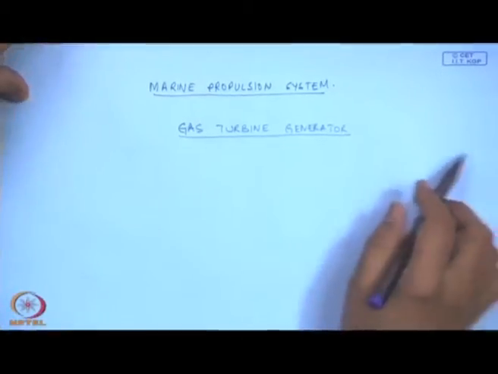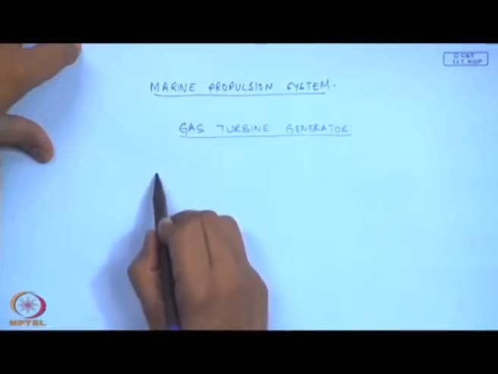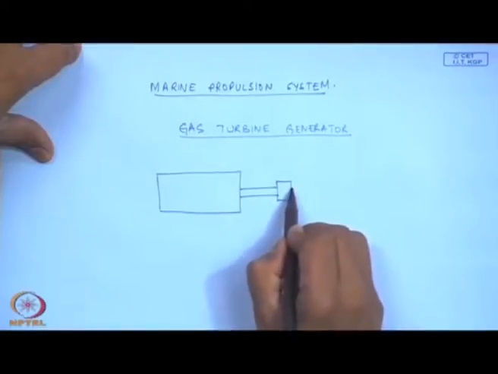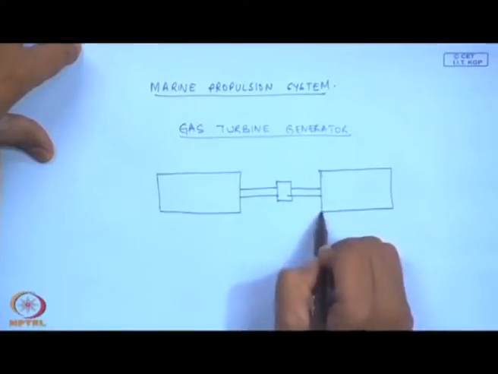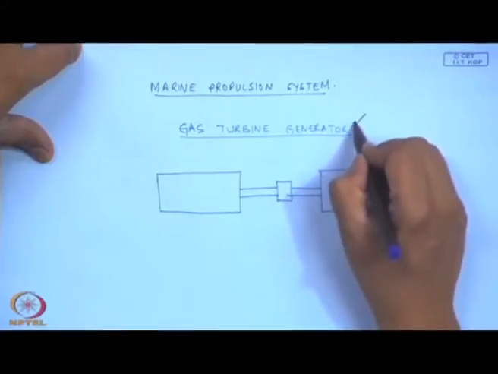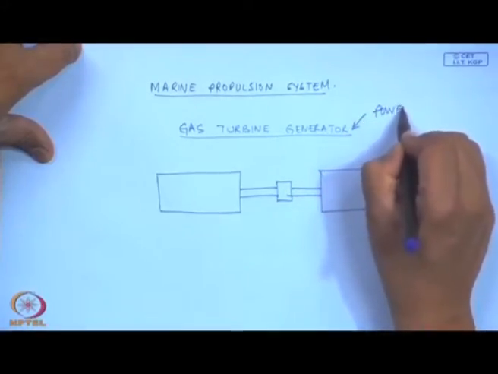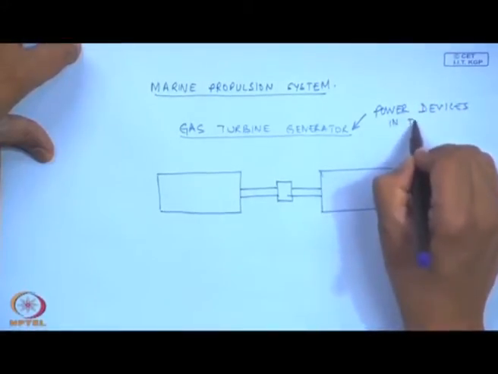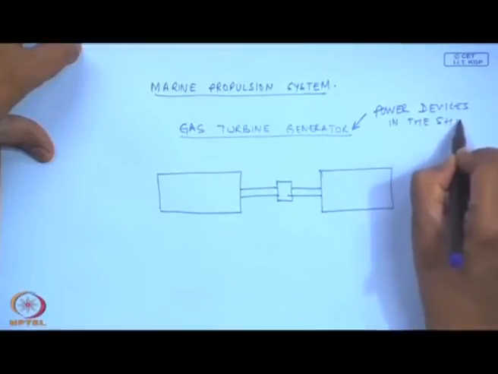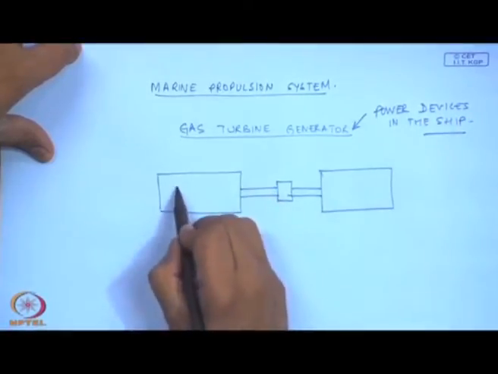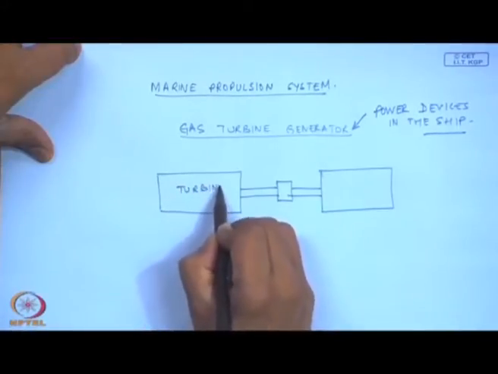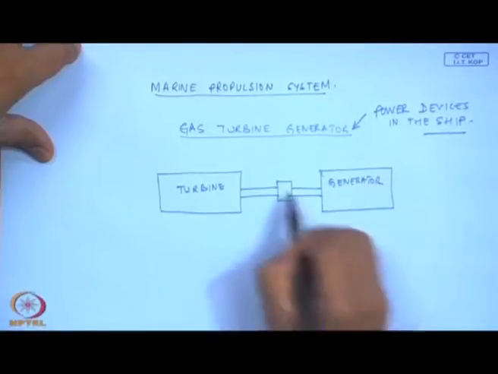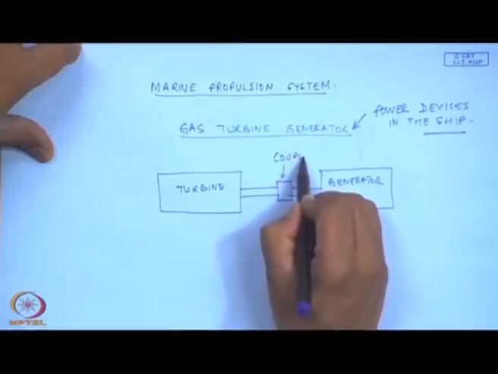The turbine, which is the gas turbine, is driving a generator, and this generator is actually used to power devices in the ship. And this is the generator, and this is the coupling.